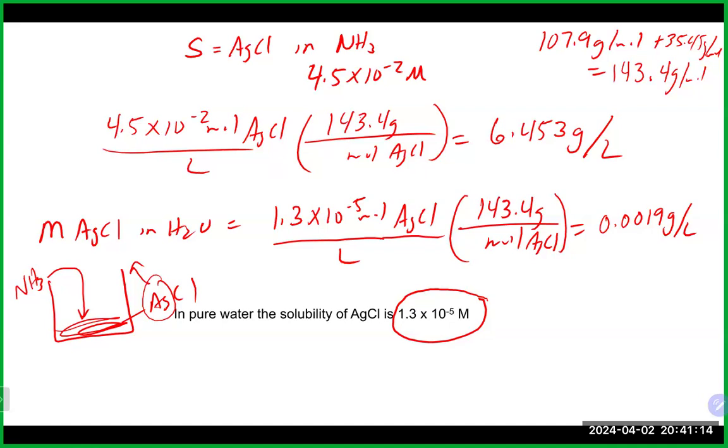Because of that really large value of Kf, it is enough to basically take the silver away from the chloride, and it will then hook up with the ammonia and make that complex ion. And as you can see, it is much more soluble in ammonia: 6 grams versus not even 0.1 of a gram in 1,000 milliliters of water.